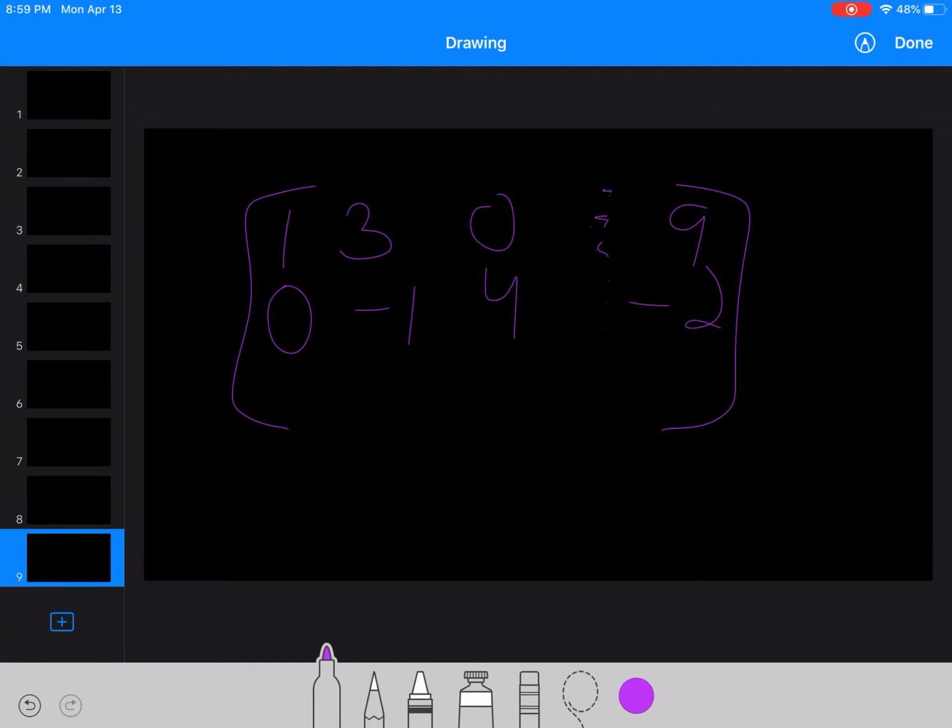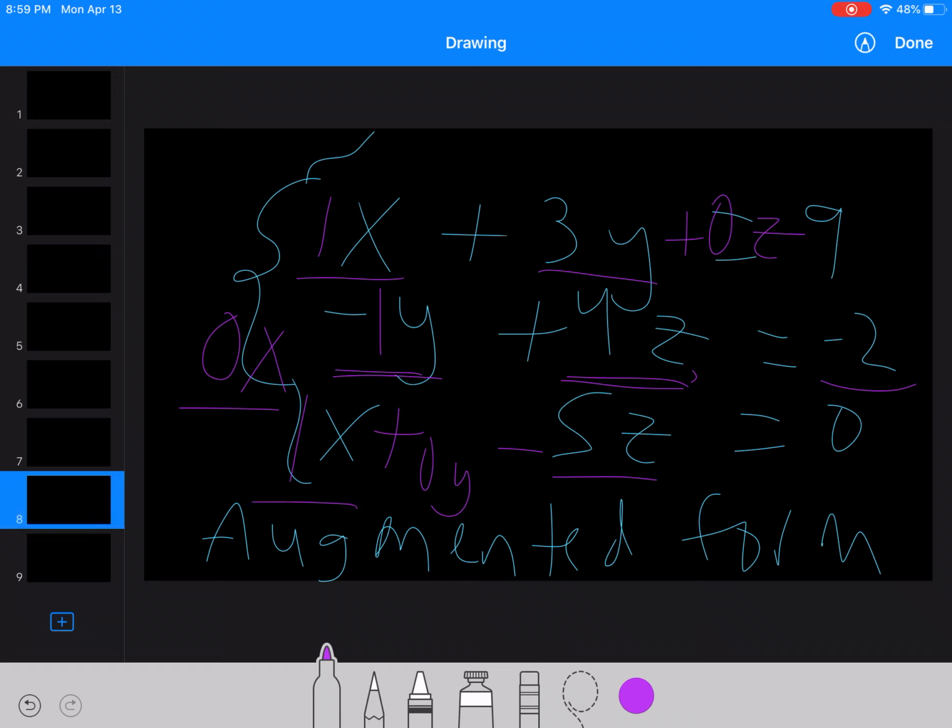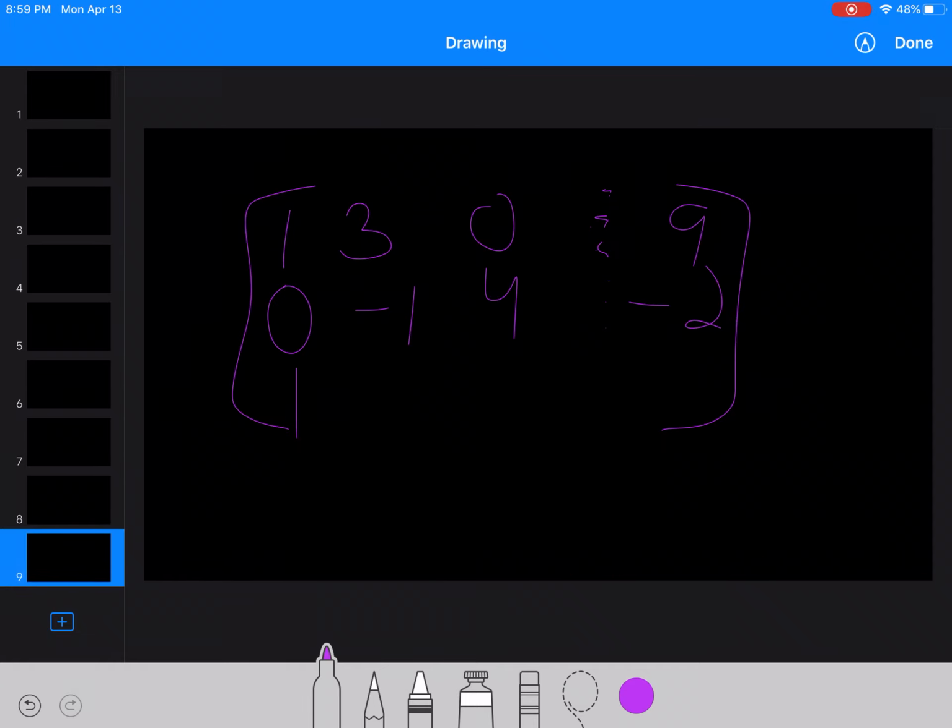And the last row is 1, 0y, and negative 5z, and 0. So I'm going to have 1 as my coefficient, 0, negative 5, don't forget the 3 dots, and 0. So here's our matrix in augmented form.